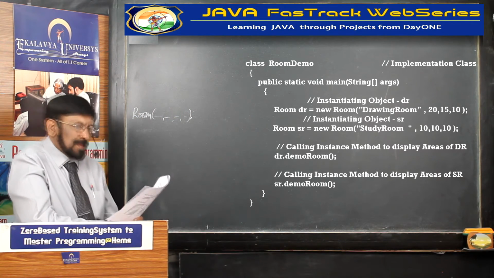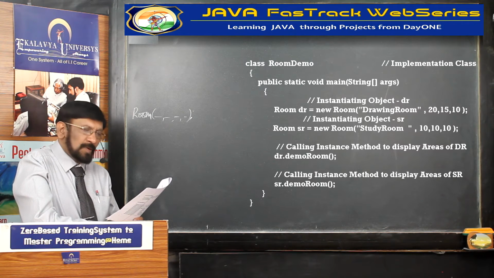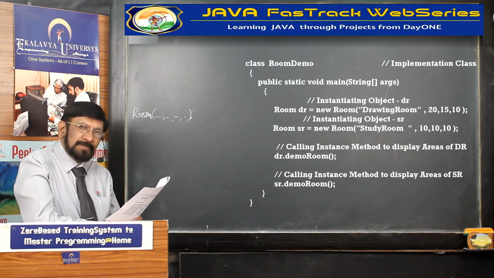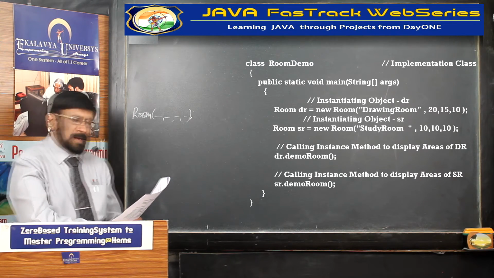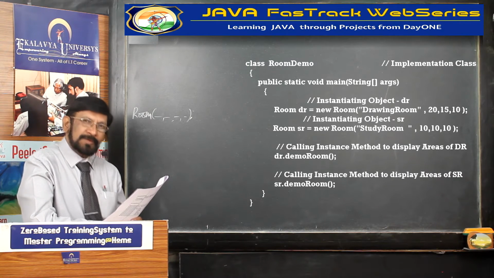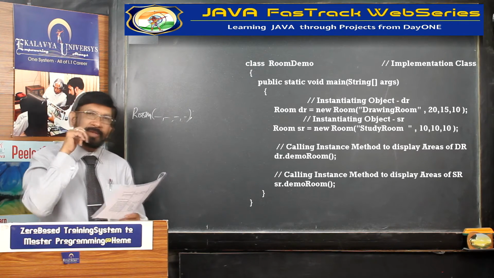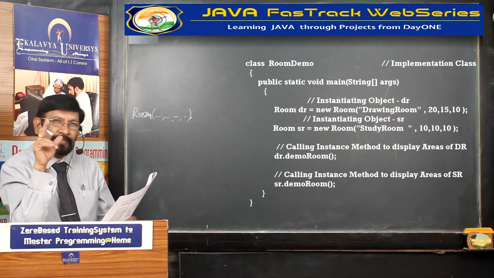Now you see Room dr = new Room. In that, 4 arguments we are giving in the same order. Which order? Drawing room, 20, 15, 10. Where do they go? From this they are passed to the constructor.